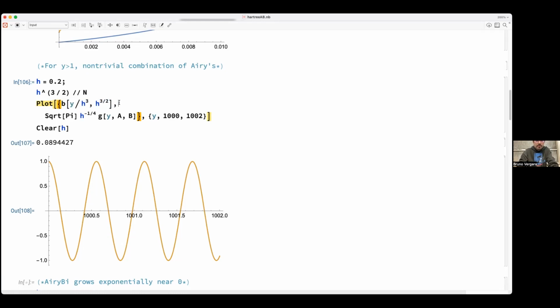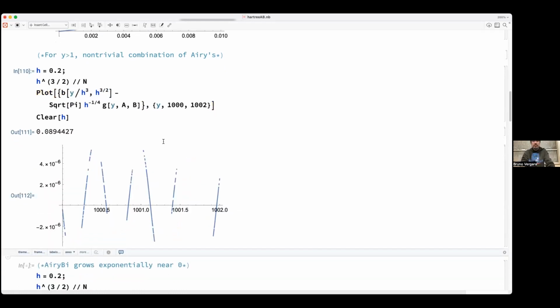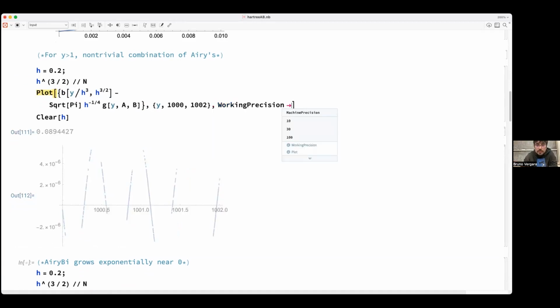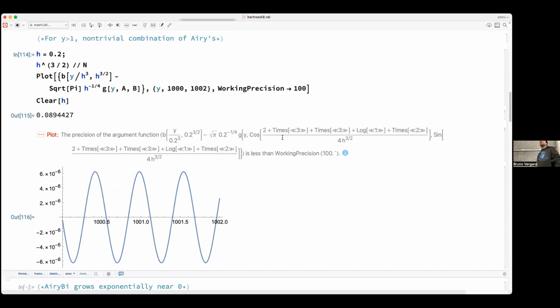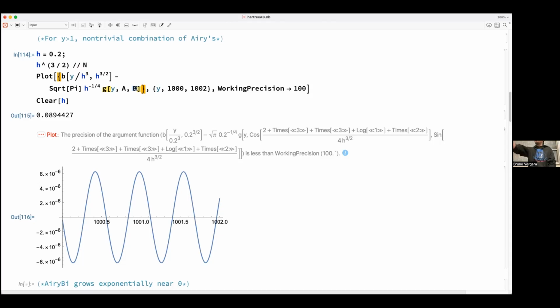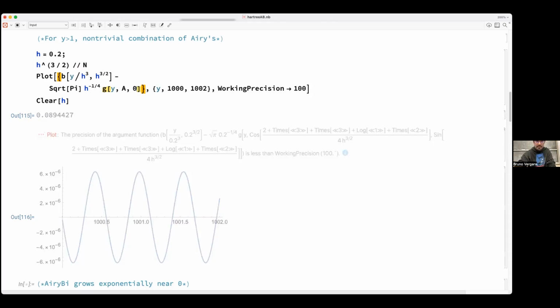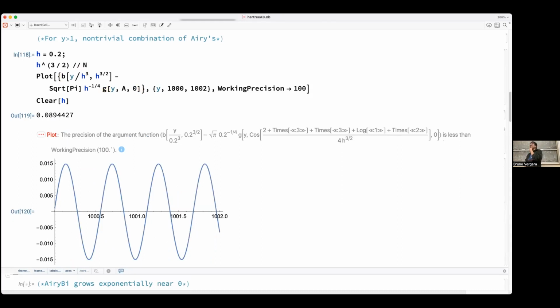Replace the comma by a mark, and then maybe working precision 100. I would like to see what happens if I only consider the area. This is my concern somehow: you see the order of the error now. Somehow there is going to be a shift on the phase.